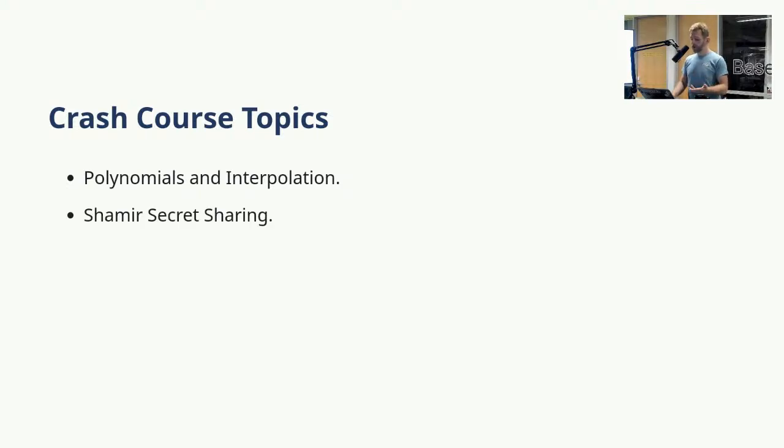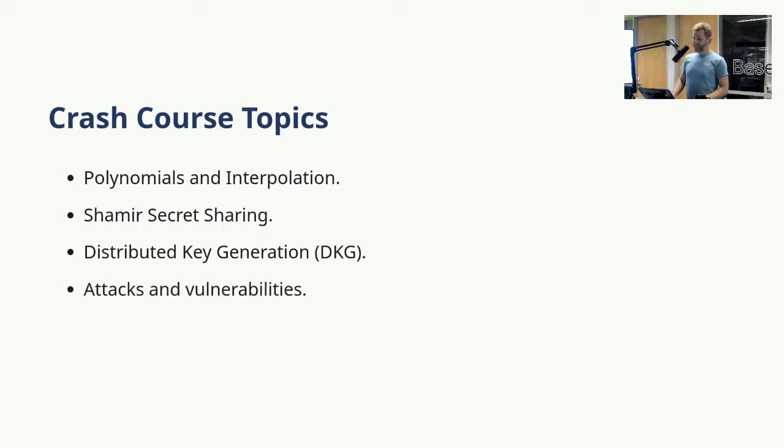We're going to go over Shamir secret sharing, which is a very cool protocol that you should know about. Also distributed key generation, like we were just talking about. Attacks and vulnerabilities on these first two things. These protocols had some issues with vulnerabilities, and then that's where Frost comes in. Frost essentially addresses a lot of these vulnerabilities that were outstanding.